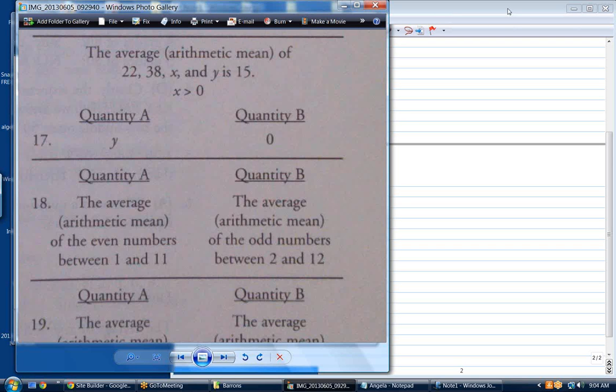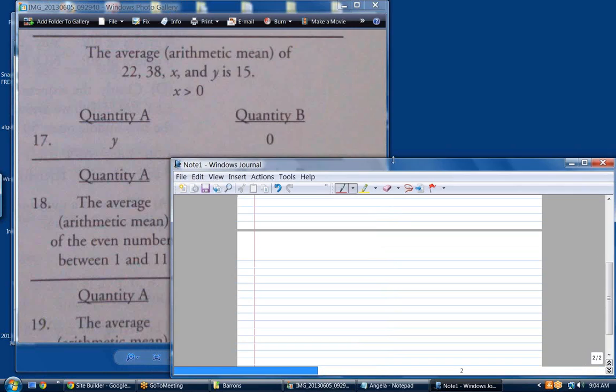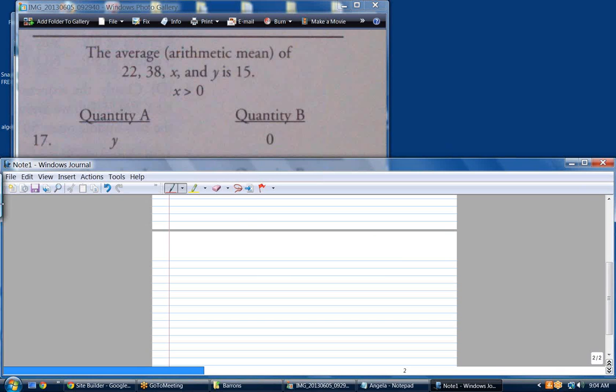And once again, I don't think it can be determined. Well, have a look at this. I write it out.